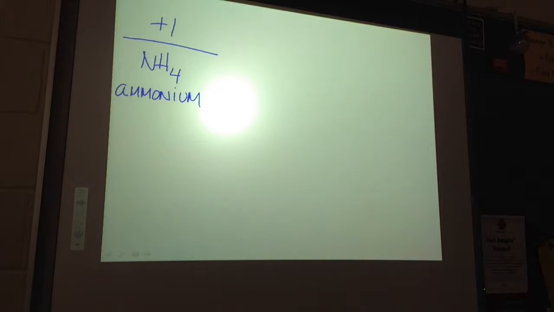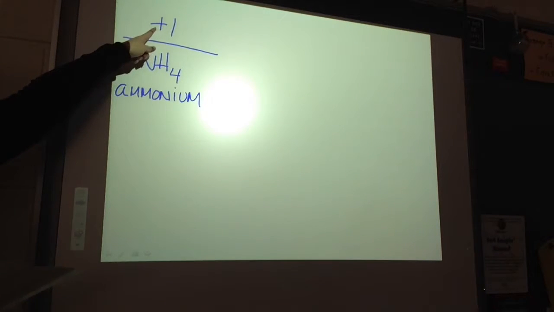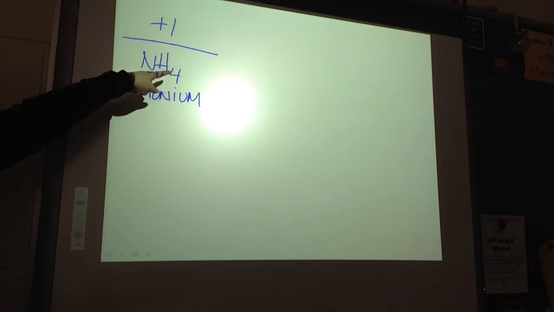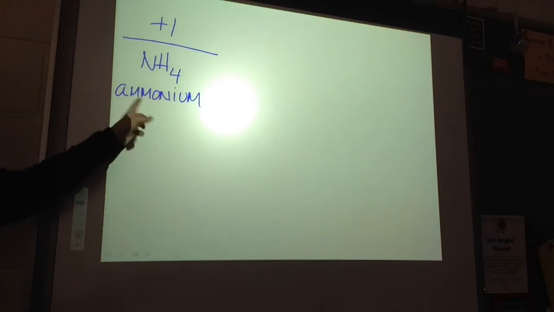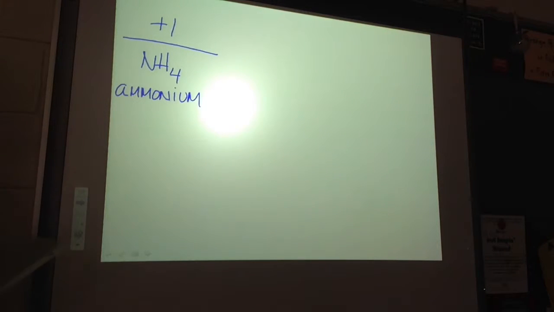We have one polyatomic cation. Remember, cation has a positive charge. It is NH4. It has a 1+ charge. Its name is ammonium. It is the only polyatomic cation. All the rest of them are anions.